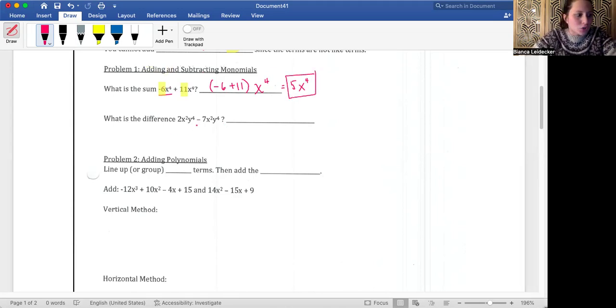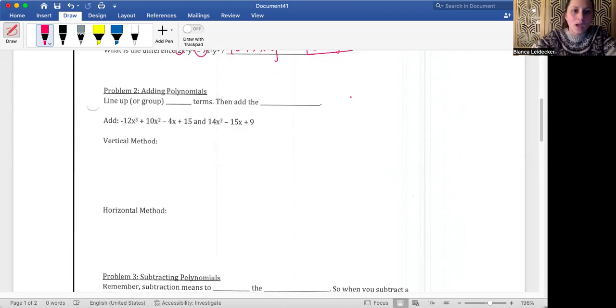Okay, so if we want to subtract, we just have this coefficient and this minus 7. So really what we could do is 2 minus 7 and then keep everything else the same, right? And so this would be negative 5x to the second power, y to the fourth power, and that would be our answer.